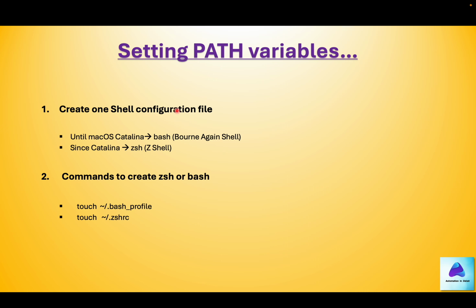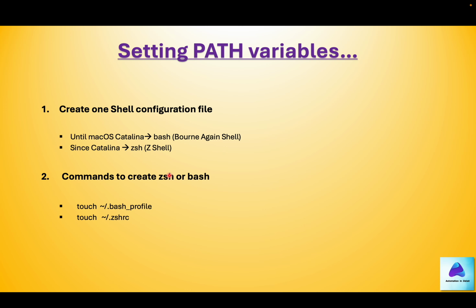Before setting the path variables, we should create one shell configuration file. Here again, there are two things we need to consider. First thing is, if you are using a MacBook with macOS before Catalina, you need to create .bash_profile using these commands, and you need to set the path variables.